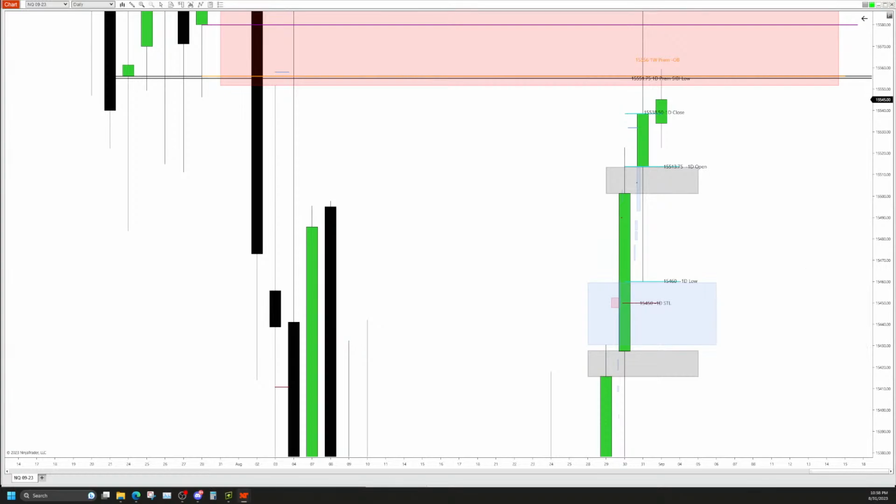It might just burn through that too, don't know. But it is worthwhile having that there. And likewise, I'm going to put these there as well so that I know where price might reach to. Let's see. This is a low of 15,361.50.